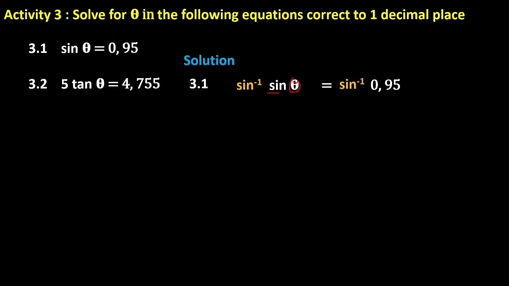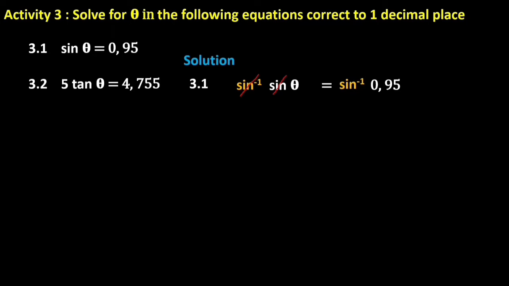Whatever we do on the left hand side, we also need to do on the right hand side. The next step now is the sine functions on the left hand side are going to cancel out. This will now leave us with theta equal to the arc sine of 0.95.